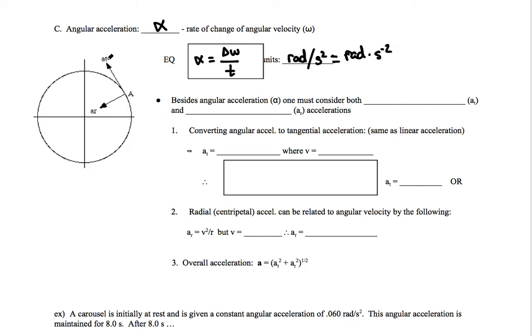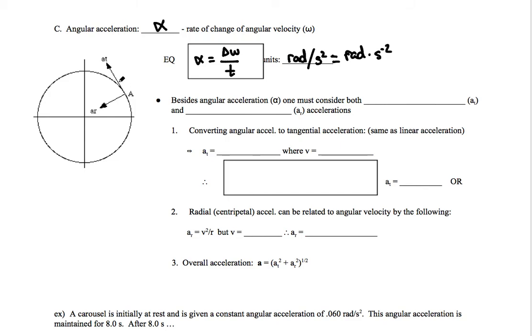Now notice that if something is picking up speed, in other words, this disk is starting off slow and getting faster and faster, then not only is the angular velocity picking up, but also the angular acceleration and the tangential acceleration, because this thing is getting faster at any given radius.